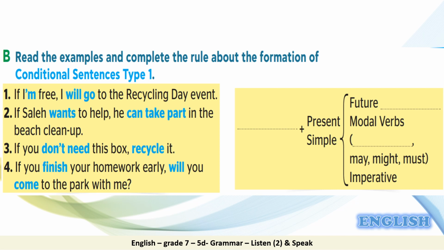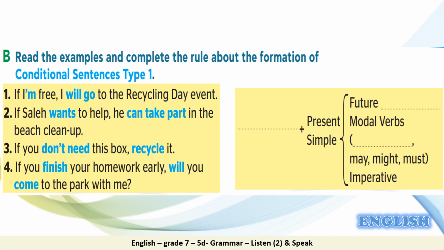Now, we're going to read the examples and complete the rule about the formation of conditional sentences type 1. Sentence 1. If I'm free, I will go to the recycling day event. Sentence 2. If Saleh wants to help, he can take part in the beach cleanup. 3. If you don't need this box, recycle it. 4. If you finish your homework early, will you come to the park with me?